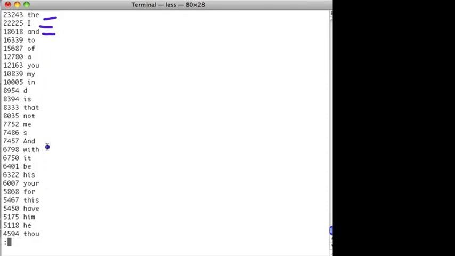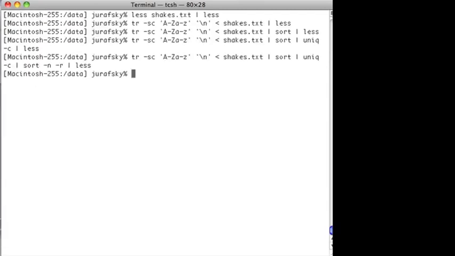There's some problems. One is that the word and occurs twice because we didn't map our uppercase words to lowercase words. So let's fix the mapping of case first. So let's try that again. We're going to map all of the uppercase letters to lowercase letters in Shakespeare.